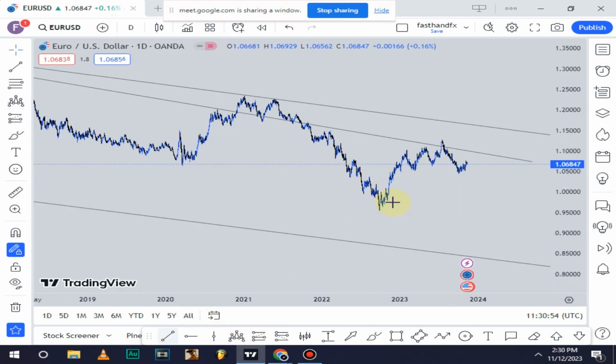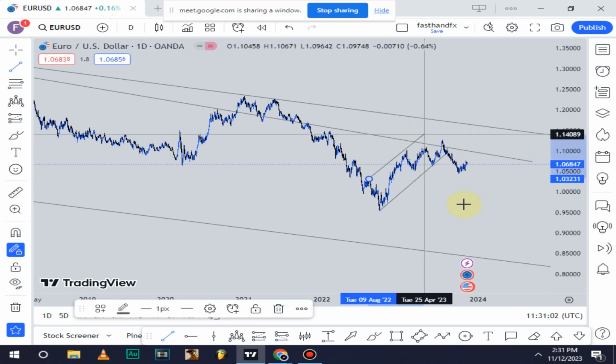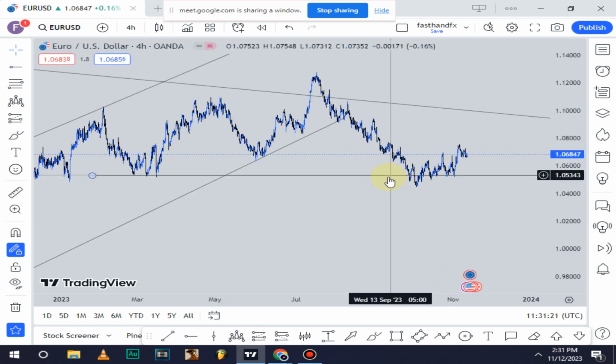Let's see. 1, 2, 3. 1. Right there. We have this. So we had a low. Boom. So that's what the market is doing on the daily. How about the 4-hour? So we make this neat.